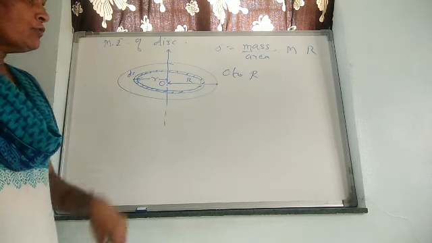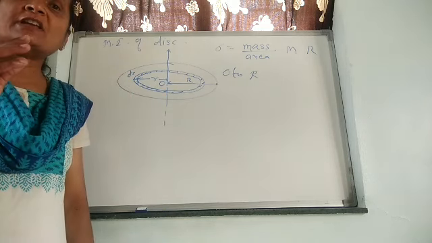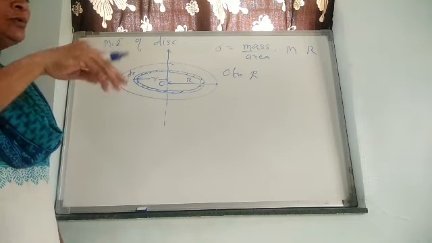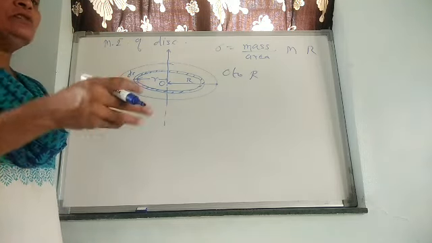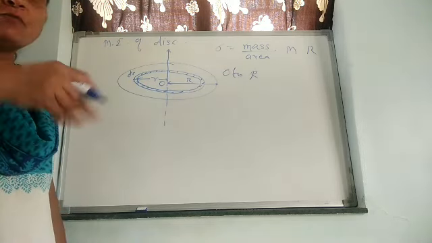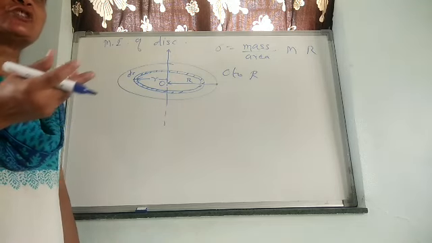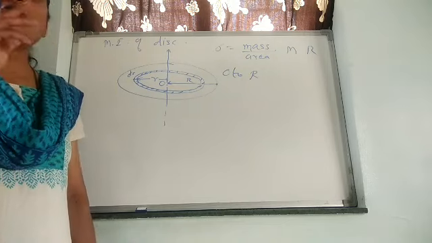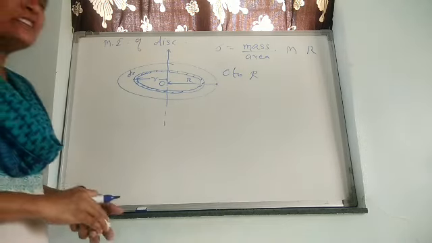We want to find the moment of inertia of a small ring, and then if we integrate that equation, we can find the moment of inertia of the disk, because the disk is made up of a number of thin concentric rings. For that purpose, first we want to find the moment of inertia of one such ring.